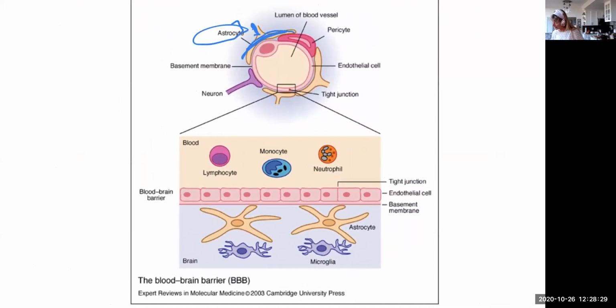A pericyte, which is a support cell. This is the endothelial cell here. And here is one of the tight junctions between the endothelial cells.